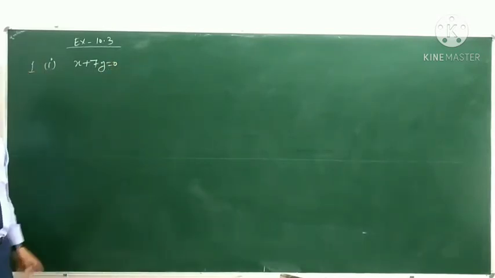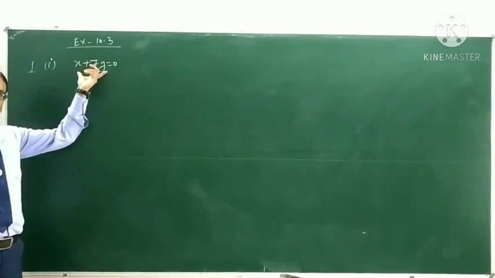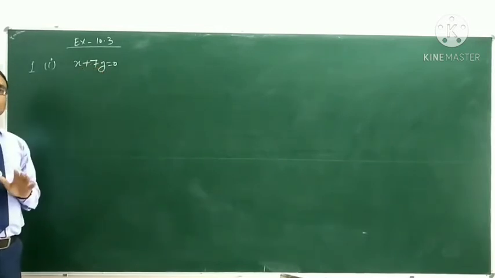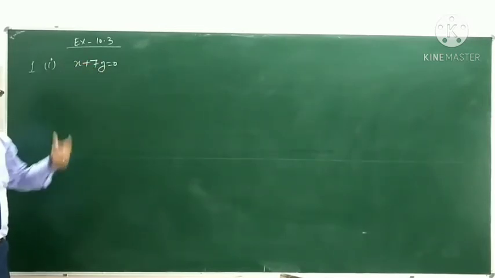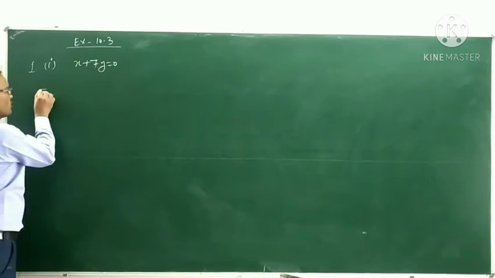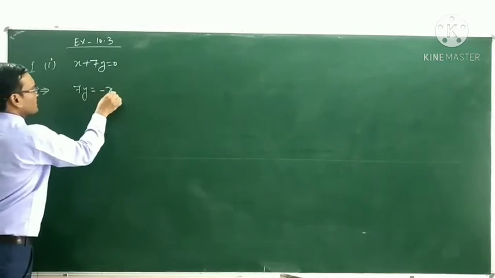We will reduce this equation in the form of slope intercept form and find the slope of the line and y intercept. This equation is also written as 7y equal to minus x.